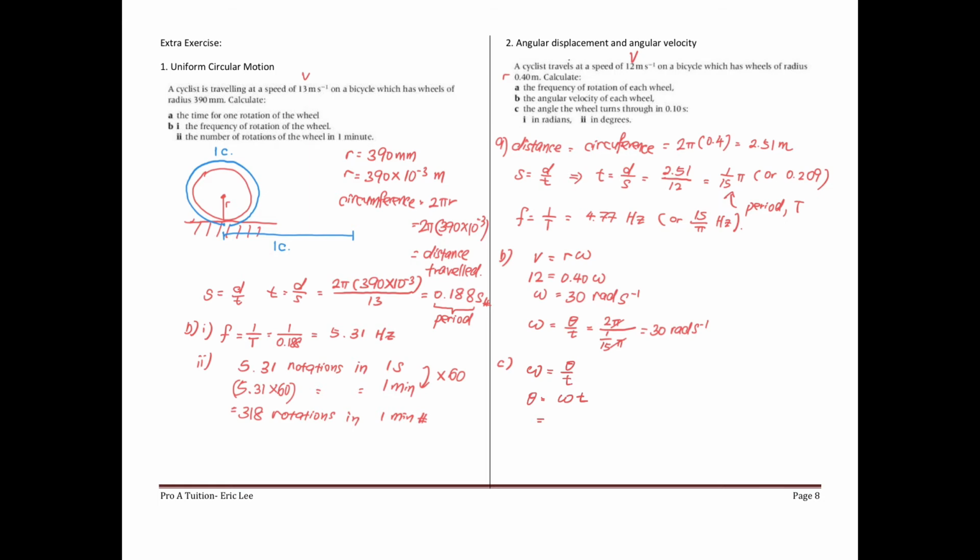Omega we already know is 30 and the time is 0.1. So from here we will get theta as 3 radian. This is C part 1. For C part 2, we have to change 3 radians to degrees. So we take 3 multiplied with 180 over pi. We get 171.9 degrees.